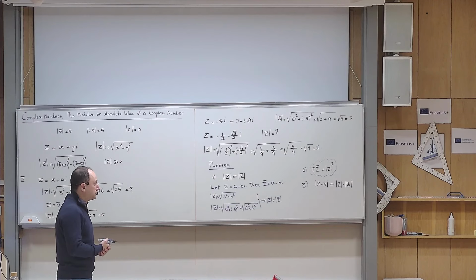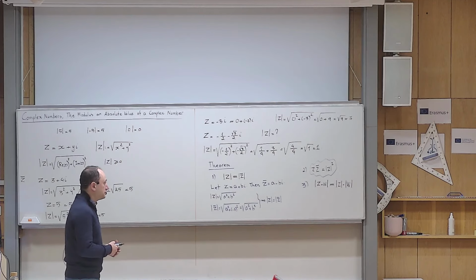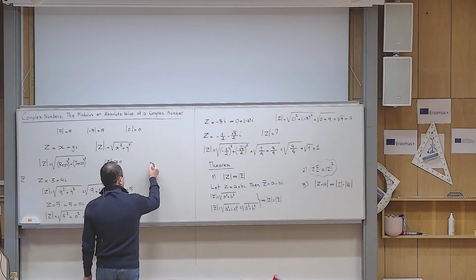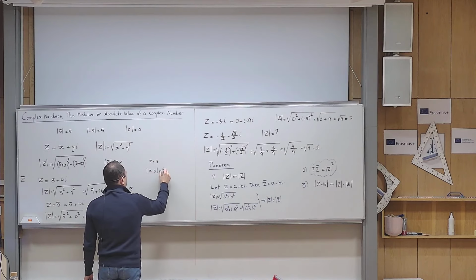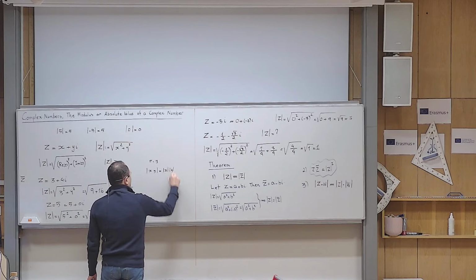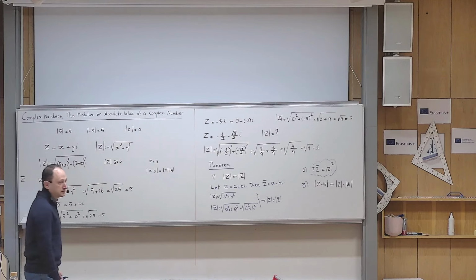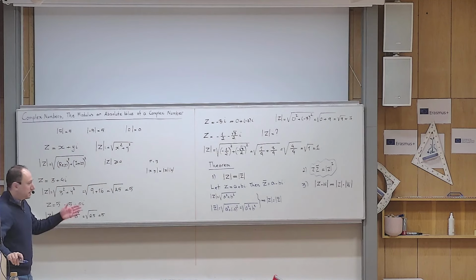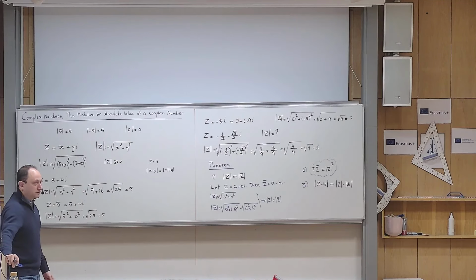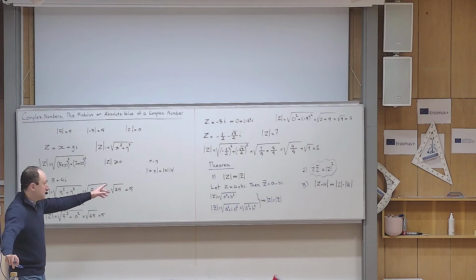I don't know how much you know about absolute values in real numbers. If x and y are real numbers, do you think that the absolute value of xy is equal to the absolute value of x times the absolute value of y? I don't know if you have studied this, but this is true when x and y are real.